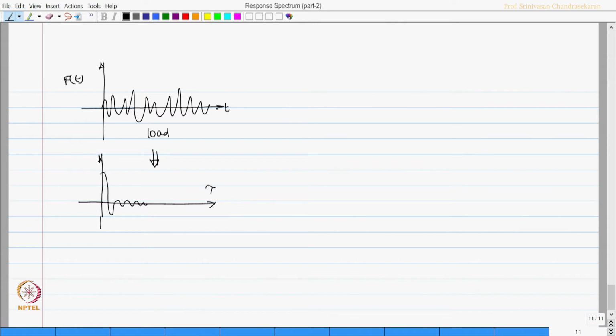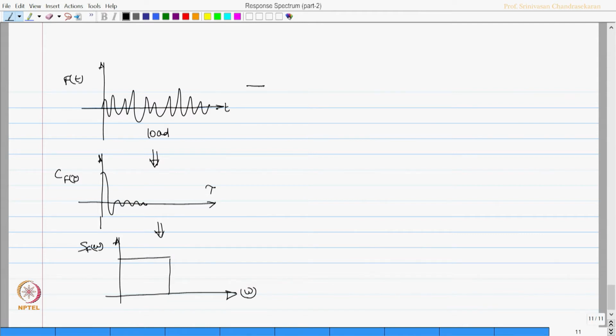Say this is my Cf of tau, and ultimately this will give me the plot in terms of omega and Sf omega, which can typically look like this.